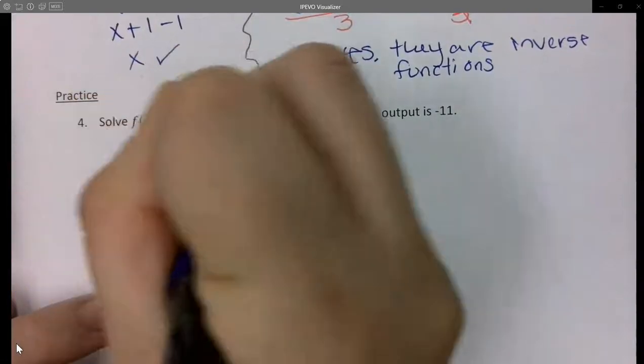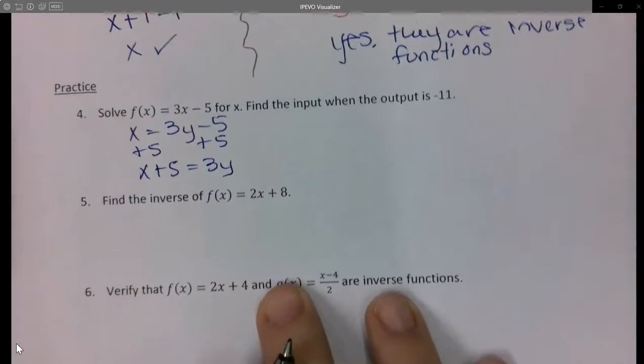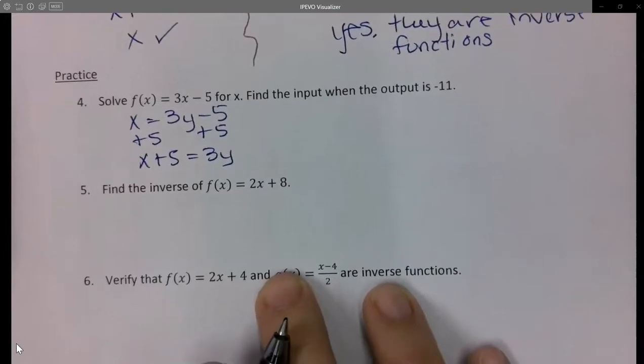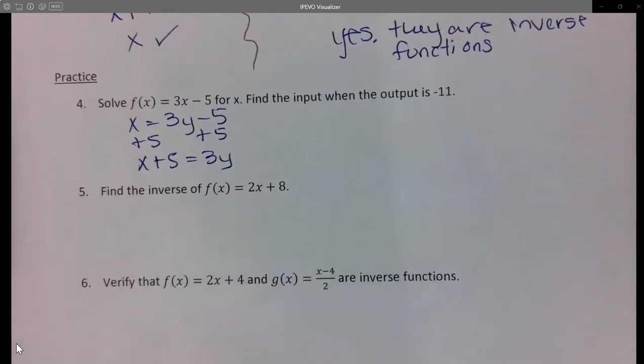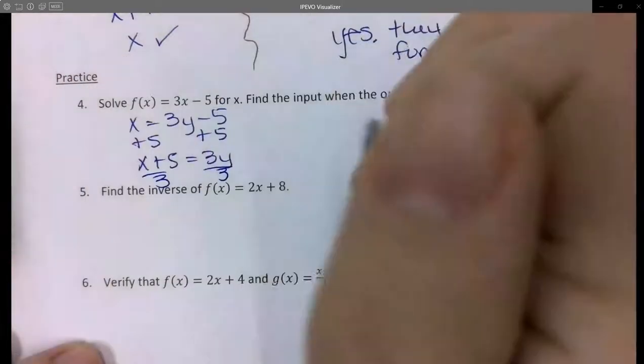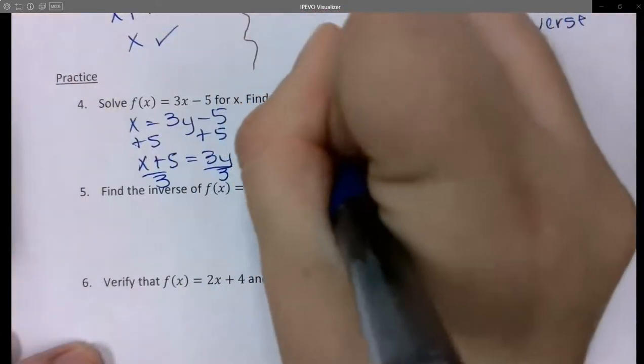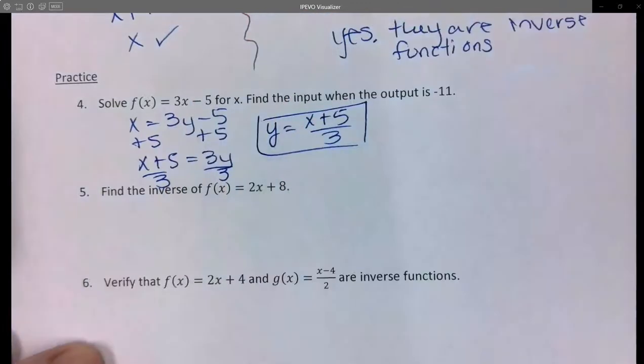So I get x plus 5 equals 3y. Then I want to divide both sides by 3. So I get y equals x plus 5 over 3.